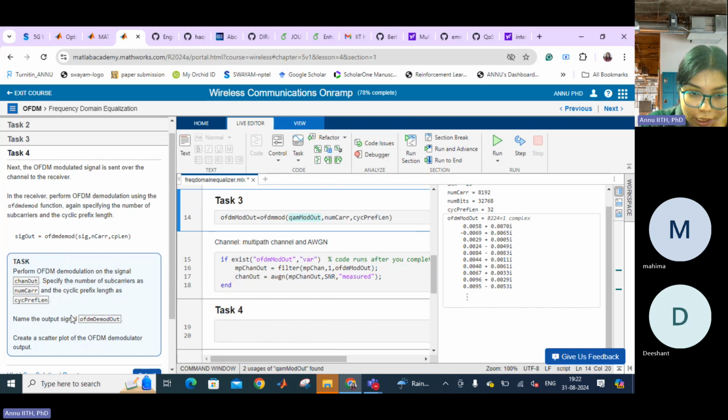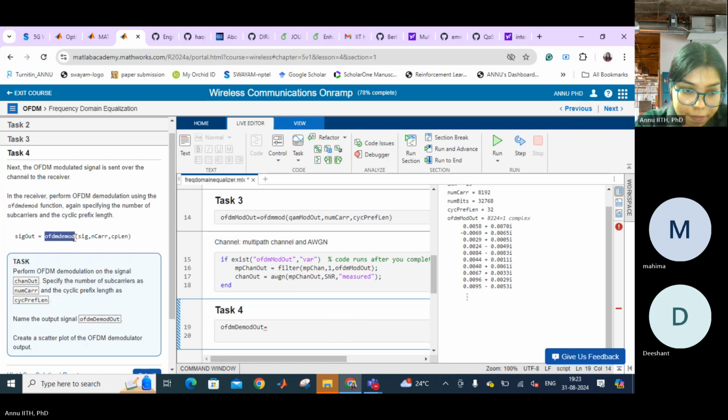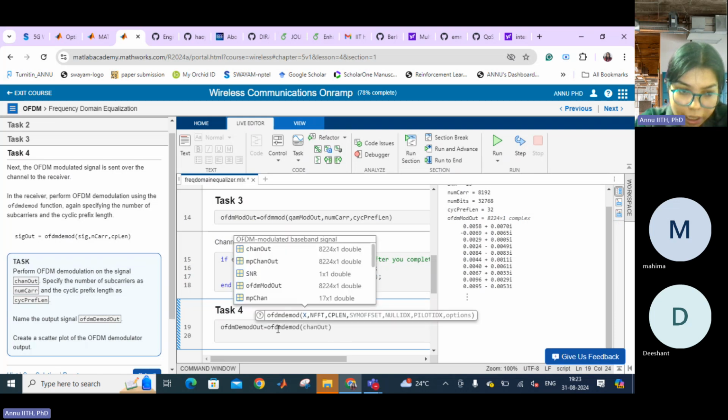Then we do OFDM demod. What will be the function of OFDM demod? It will first remove the cyclic prefix and do the FFT.